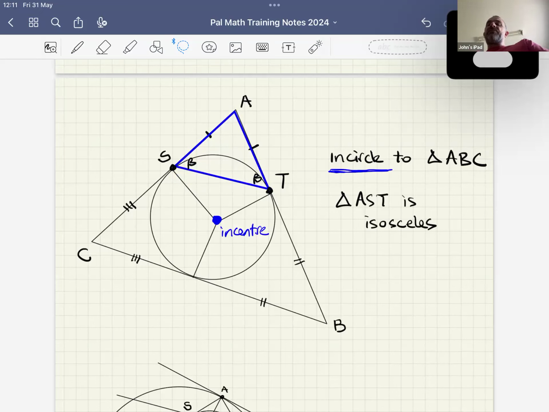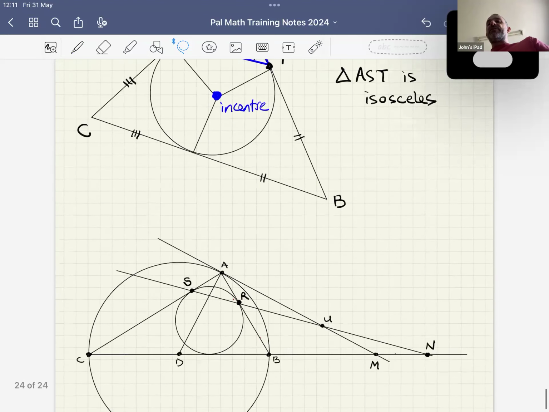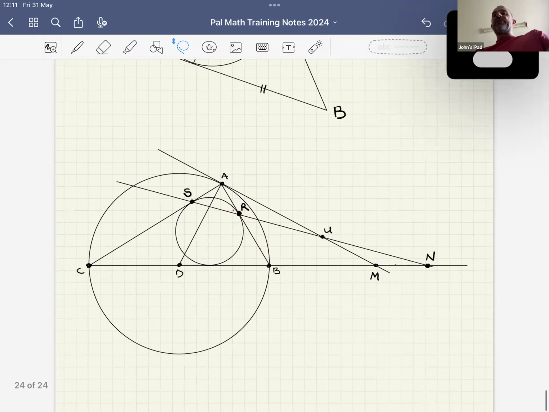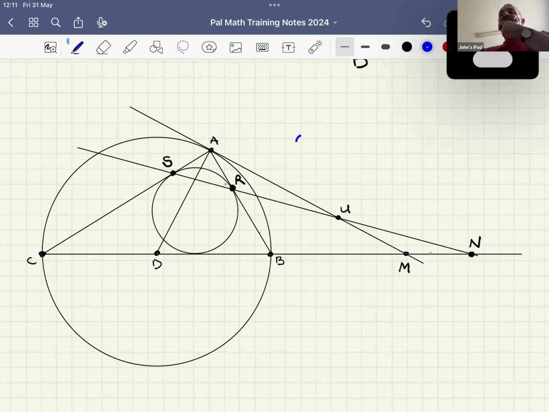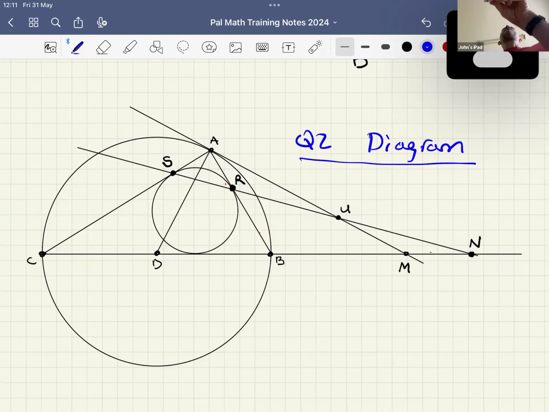Okay, so Lean, you were asking me about visualizing this problem. So here is the drawing for question 2. Okay, so if I briefly run through the way it works, you've got an angle at A of 90 degrees.